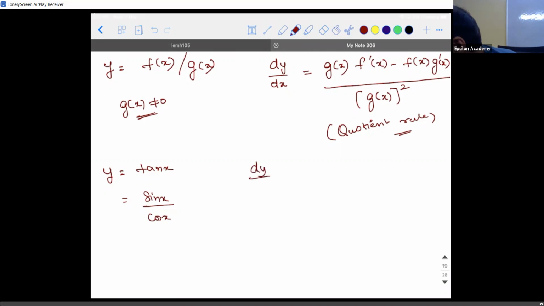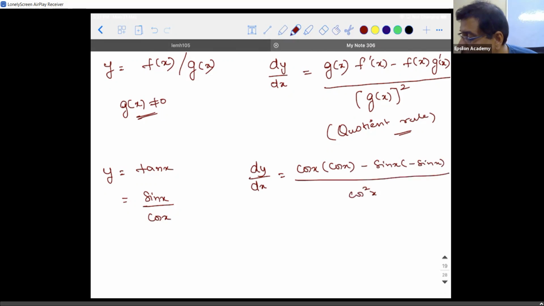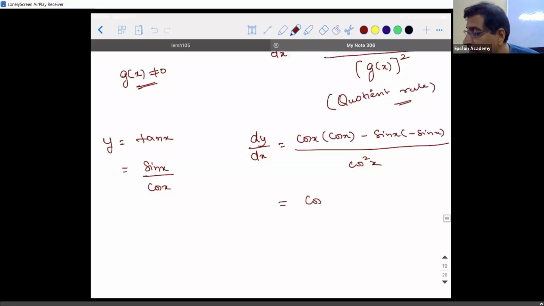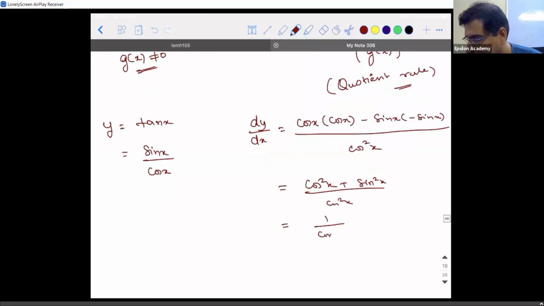So dy by dx is cos x, the denominator, into the derivative of the numerator, which is cos x, minus sin x, the numerator, into the derivative of the denominator, which is minus sin x, the whole divided by cos square x. In the numerator I have cos square x plus sin square x, divided by cos square x, or 1 divided by cos square x, which is nothing but secant square x.